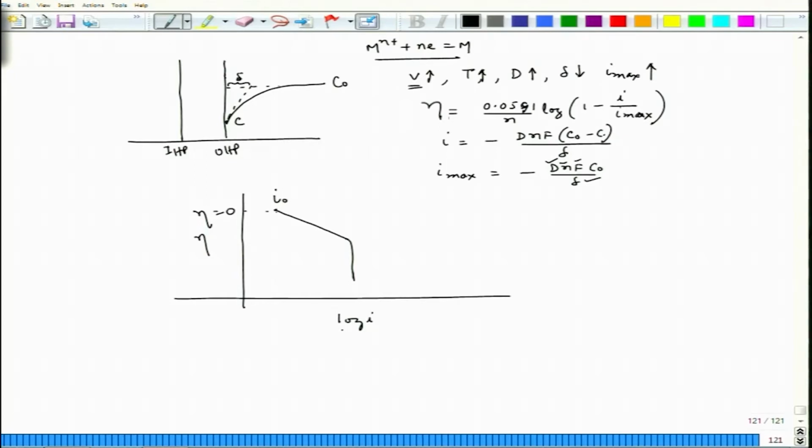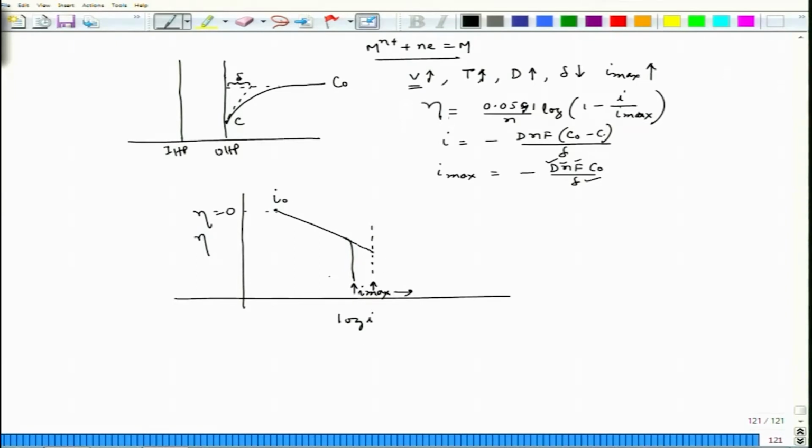Now, as I max is increasing, that suggests that this I max would go to the right direction. So now I max would appear at a new position. If this is my I max, then this activation polarization would still extend till I max is reached in the second case.